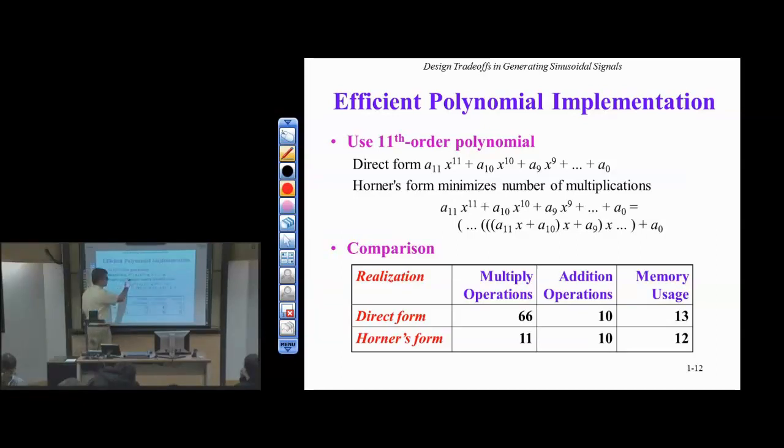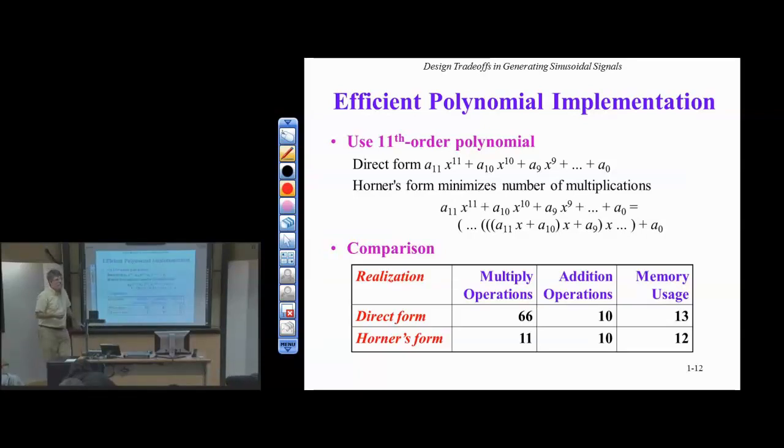I have x to the 11th power times the coefficient a11, plus a sub 10 times x to the 10th and so forth. If you look at the direct form calculations, I'm doing a lot of the same calculations over and over again. If I separately compute x to the 9th and x to the 10th, I'm just recalculating. So if I'm going to do x to the 10th, I can just take x to the 9th and multiply by x. It's much faster.